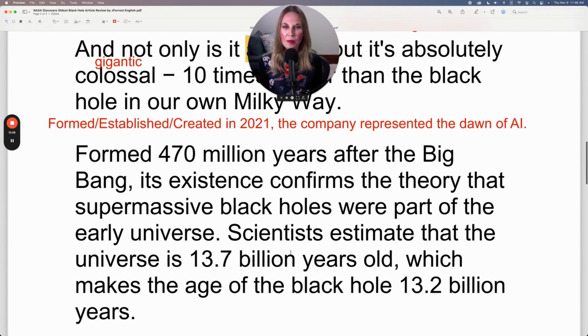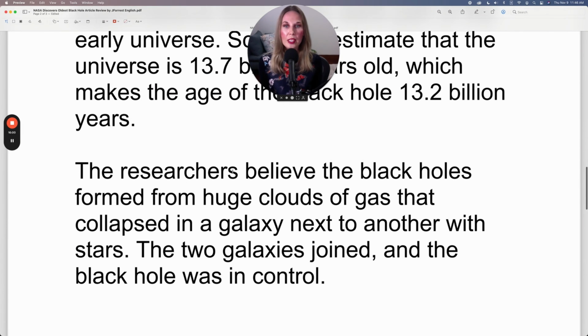Let's continue. The researchers believe the black holes formed from huge clouds of gas that collapsed in a galaxy next to another with stars. Okay. So they're talking about the formation of black holes in general, not necessarily this specific black hole because it's in plural.